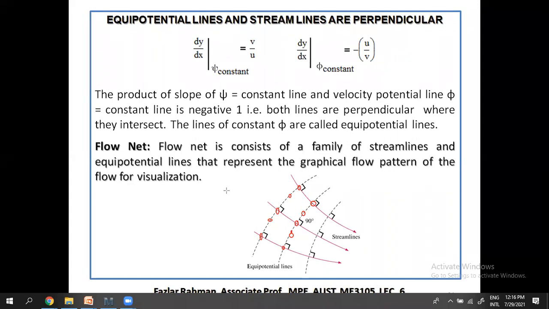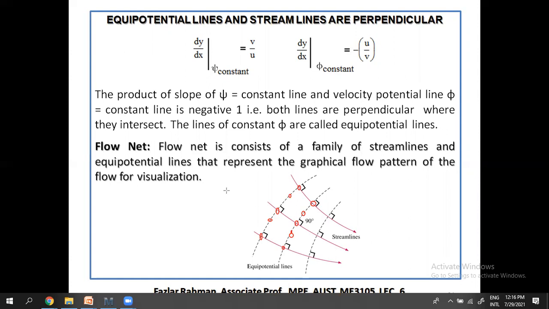visualization. I told you before about flow visualization, flow over a sports car, flow over an aircraft wing, how can we figure it out? You cannot see it with your eye. So you design a ship and you look in front of the ship or the sports car, but you cannot figure out how air is flowing.